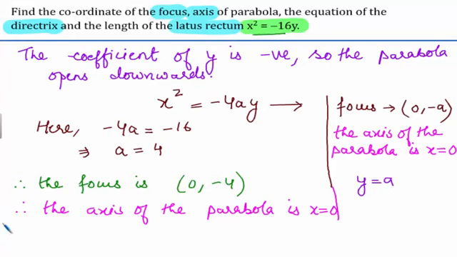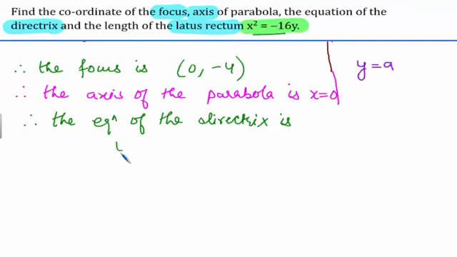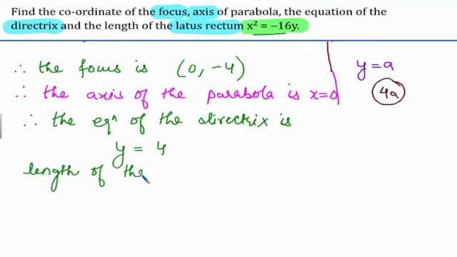Therefore, in this case, the equation of the directrix is y is equal to a, that is y is equal to 4, and finally we have to find the length of the lattice rectum, which for the given curve is 4a, which is 4 into 4, that is 16.